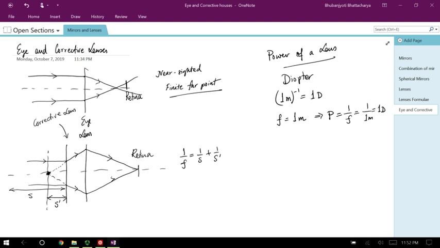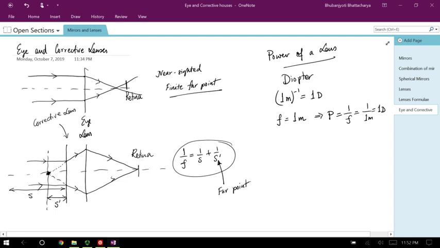Okay, and in here, if you want to do the math for this, what's happening is that we want this S prime to be really the far point.